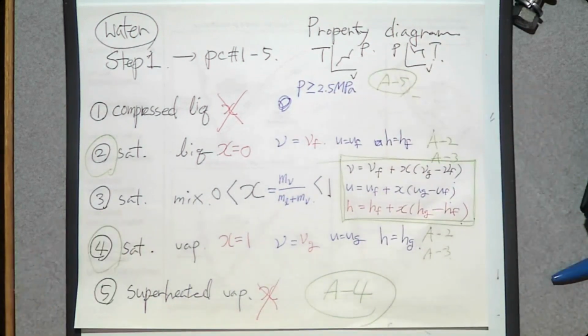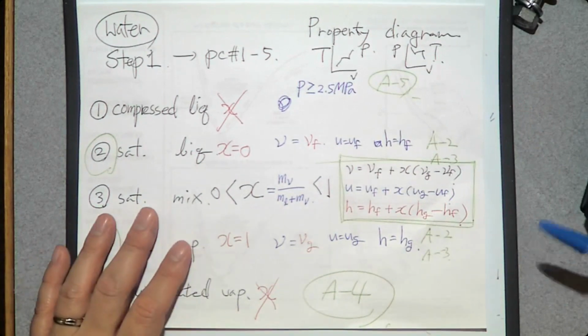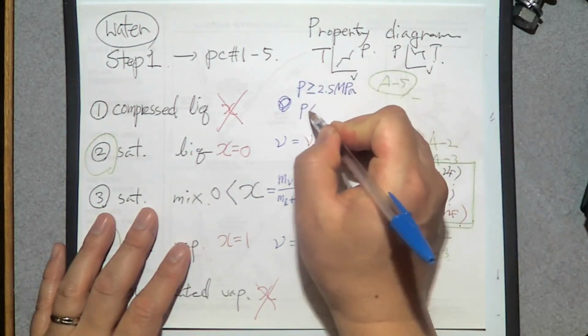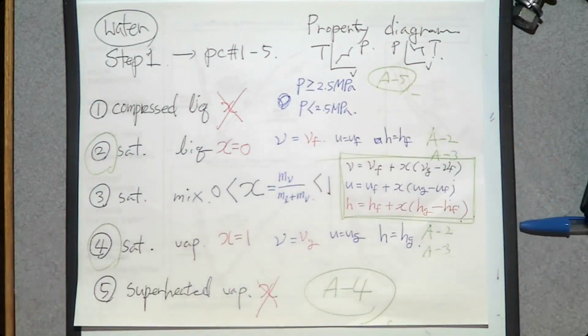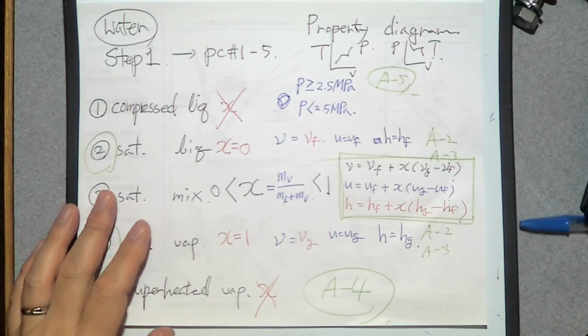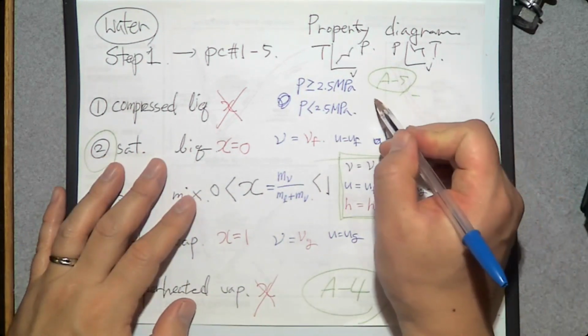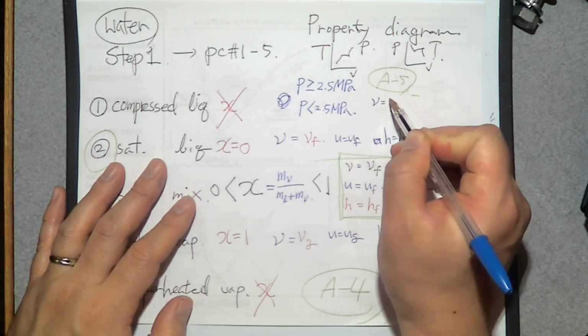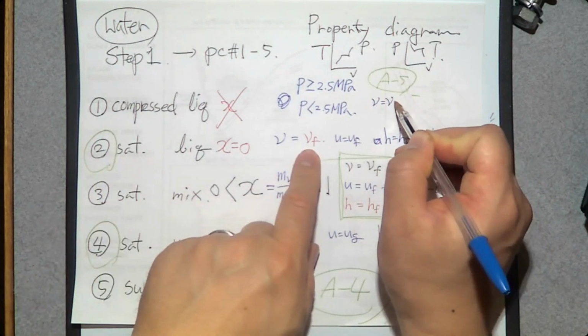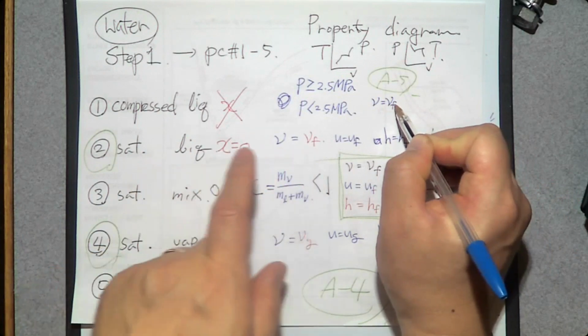But if pressure is less than 2.5 megapascal, then we assume that there is no difference between saturated liquid and compressed liquid, as long as temperature is the same. So if you want to determine specific volume v, it's going to be vf, because that is the specific volume of saturated liquid.